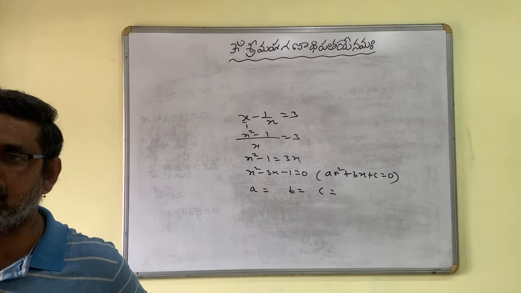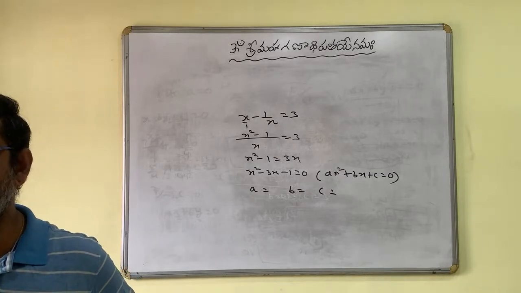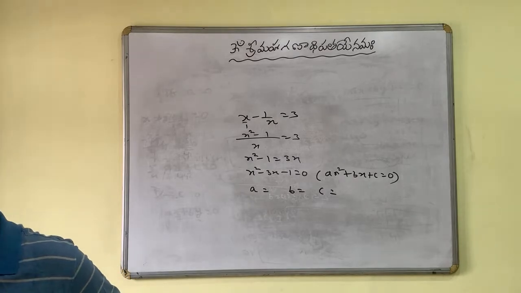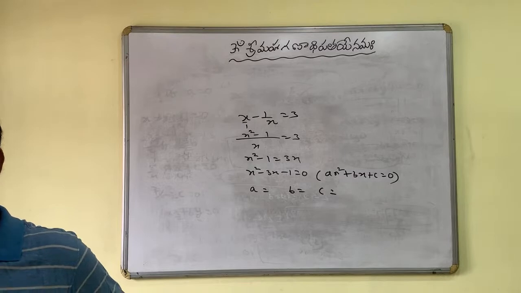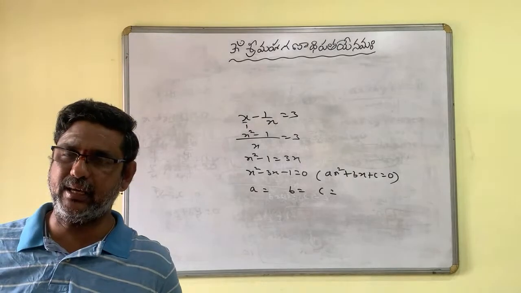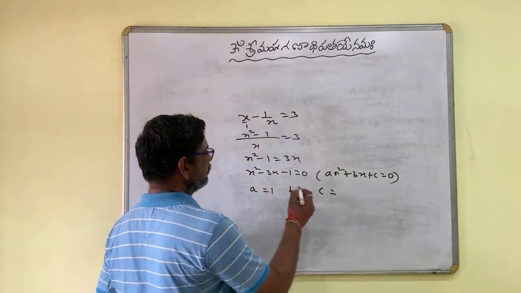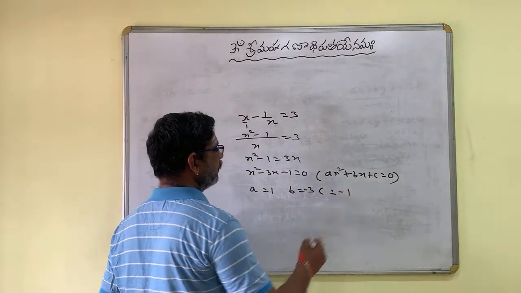A is 1, what is b, what is c? A is 1, b is negative 3, c is negative 1. Correct, Hamsini.